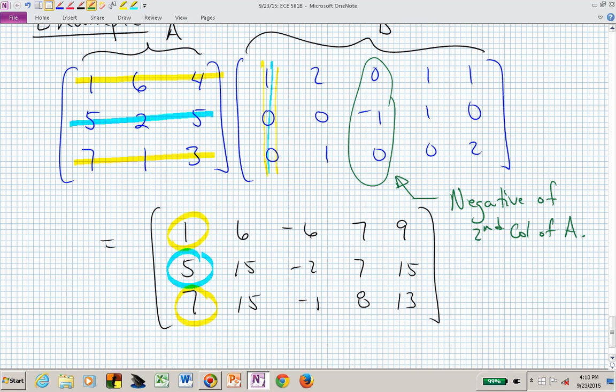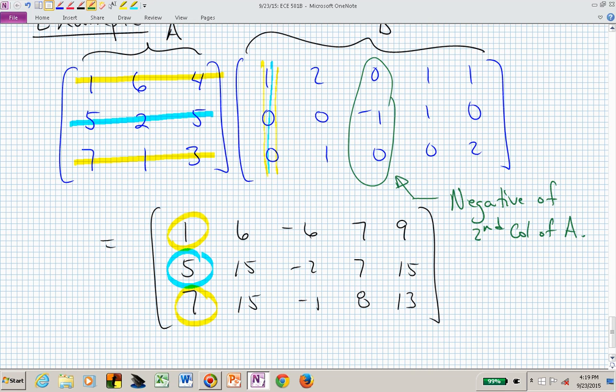If we go to some of those that maybe aren't as easy to write down, let's go to the fourth column. That's just adding the first 2 columns in A, because we take the first column and scale it by 1, we take the second column and scale that by 1, and add them together. So we should have 7, 7, 8 for the fourth column in our result. Have you seen this before? Have you thought about matrix multiplication this way?